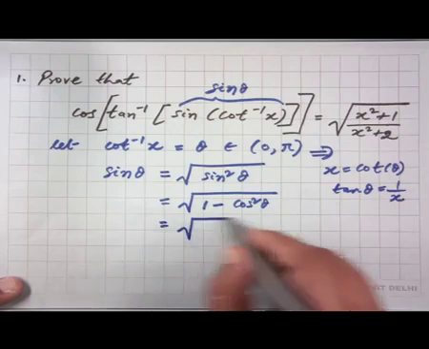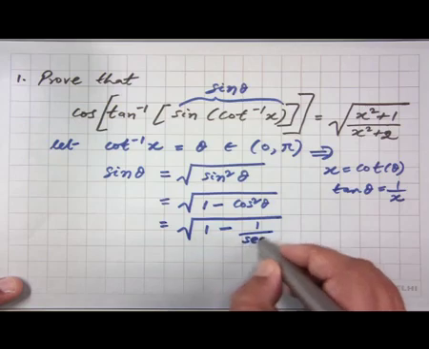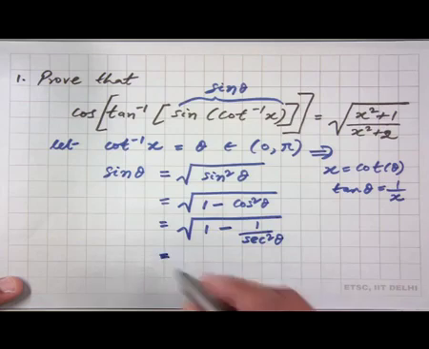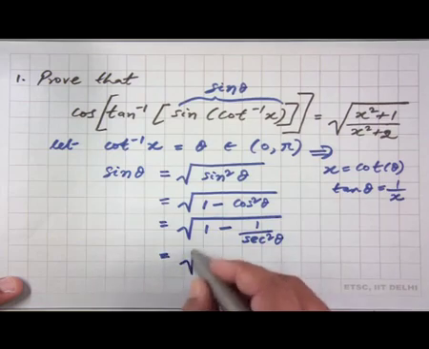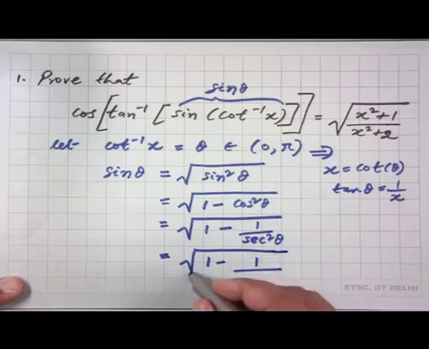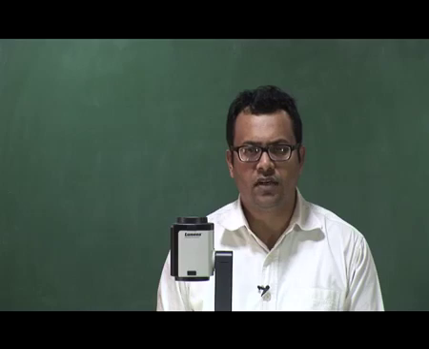And then this can be written as 1 minus 1 over sec square theta, which can then be also written as square root of 1 minus 1 over... We know the identity that sec square theta is 1 plus tan square theta.